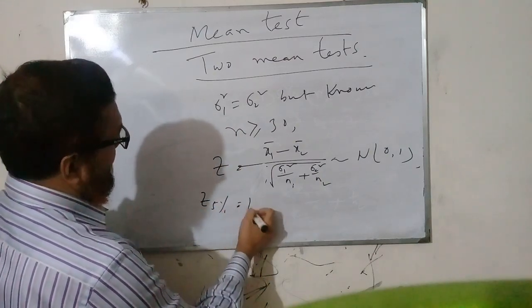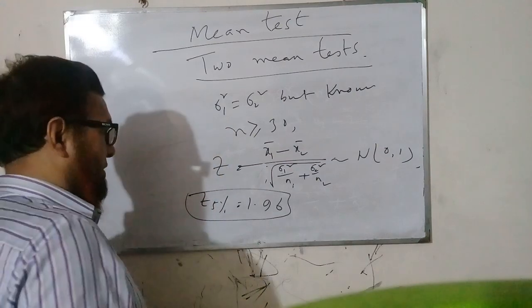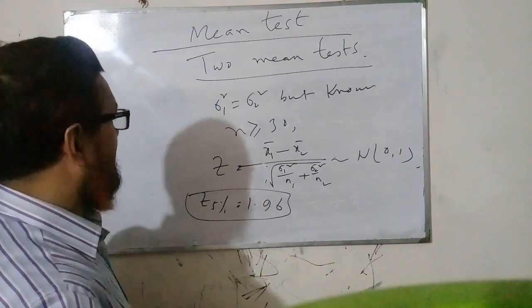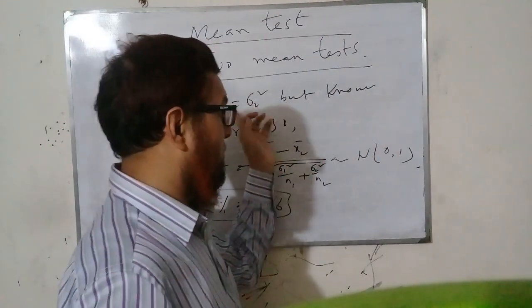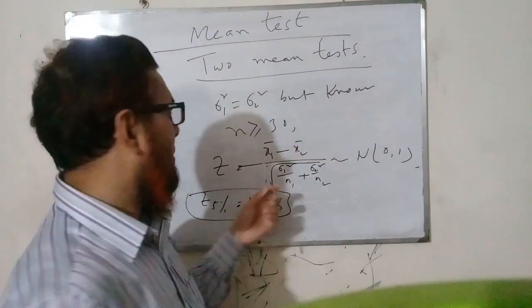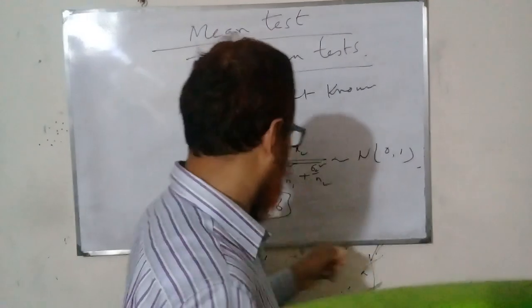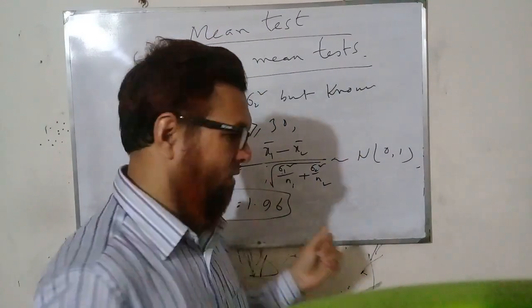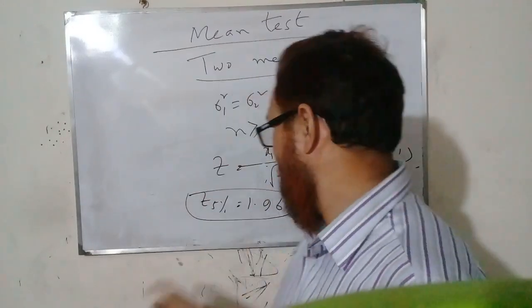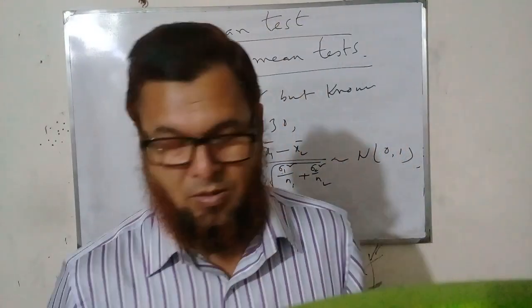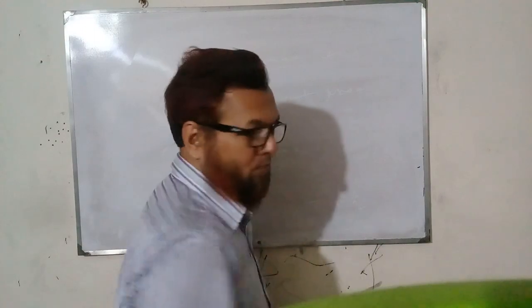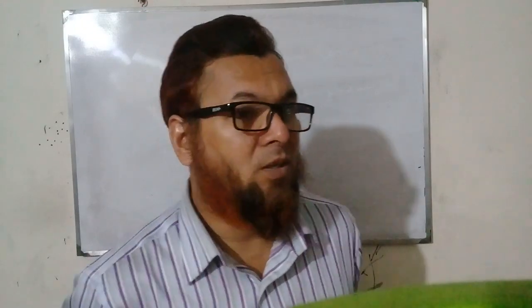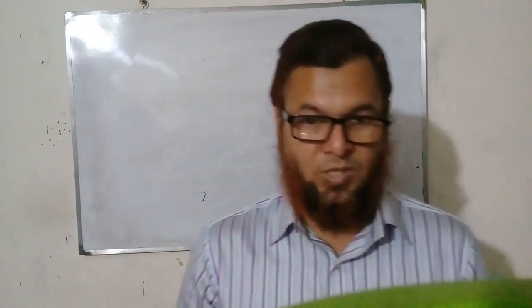The 5% value is 1.96. As usual, comment: if calculated z is greater than tabulated z at the 5% level of significance, then we may reject the null hypothesis, otherwise accept it.